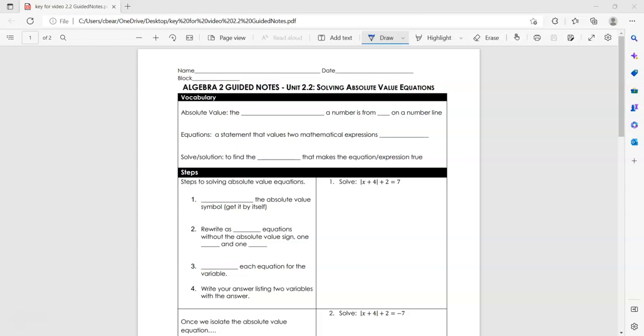So, absolute value. When we talk about absolute value, we're talking about the distance a number is from 0 on the number line. Okay, so how far away from 0 does a number exist? We also should know that an equation is a statement that says two mathematical expressions are equal.